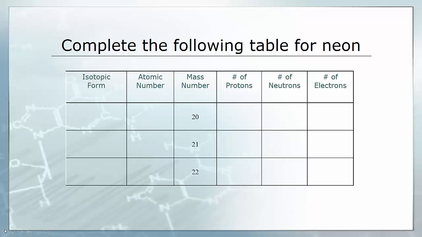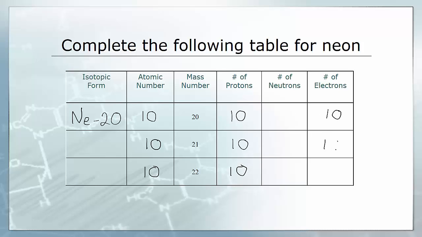So let's look at this. If we have a mass number of 20, then that means we are talking about neon 20. Its atomic number is 10. From a couple of slides ago, we know that its proton number is 10. Proton number does not change, so the atomic number does not change. So the number of electrons doesn't change.